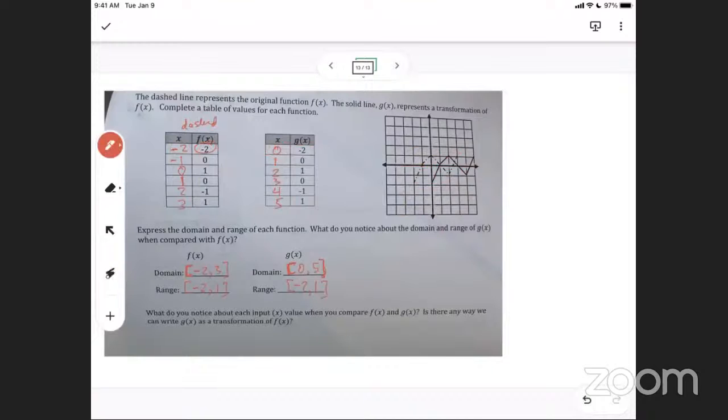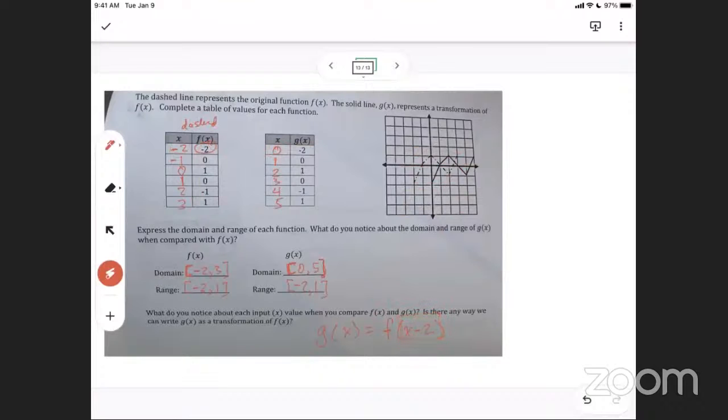So how can I write that? G of x equals, is it just x plus 2 or x minus 2? So you're going to write f of x minus 2, right? Yes. Because that transformation is happening inside there.